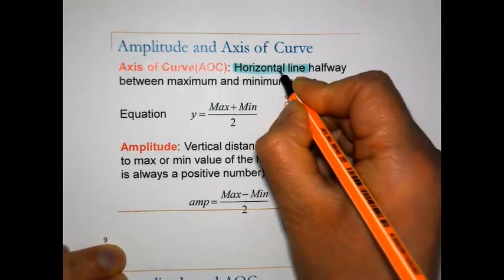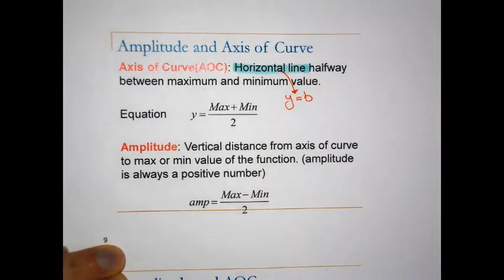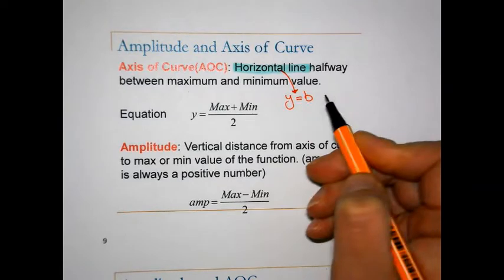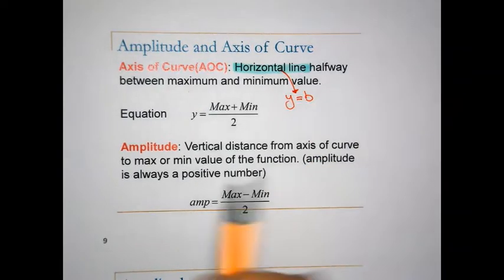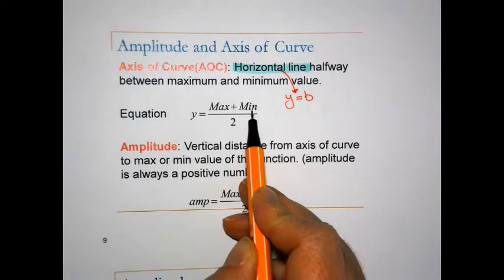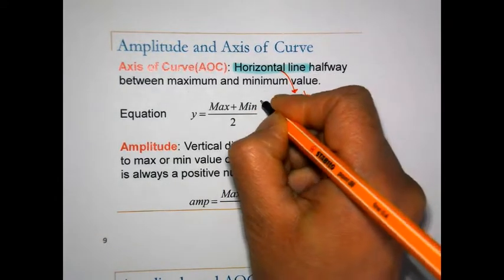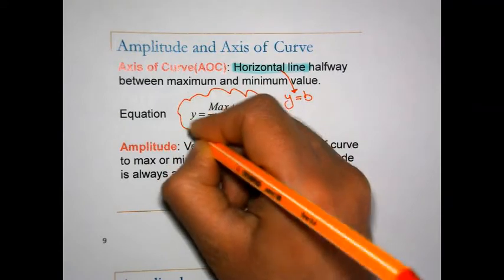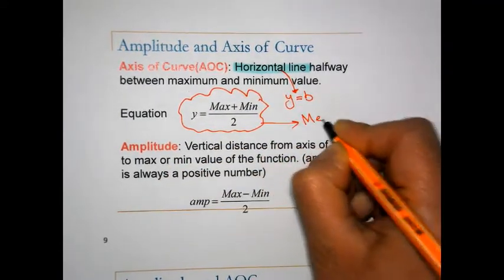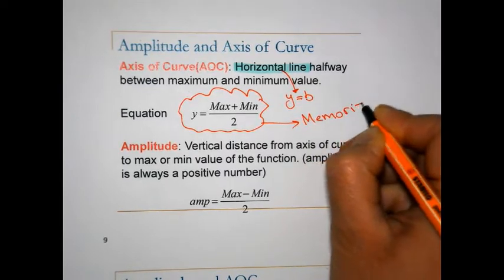So that's the equation of a horizontal line. Now, in order to find this b, to be able to write the equation, you have to add the max plus min value and divide it by 2. This is one of the very important formulas I'm going to say memorize.